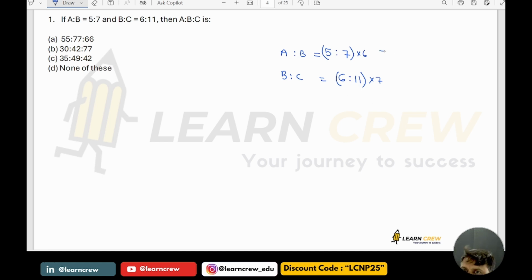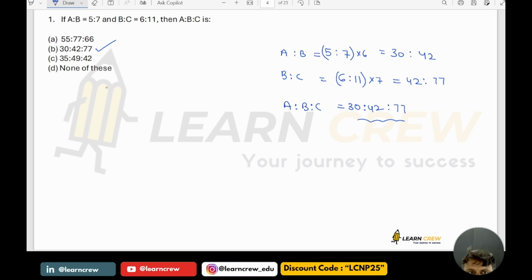So 5 6s are 30, 7 6s are 42, 6 7s are 42, 11 7s are 77. From this, A is 30, B is 42 and C is 77. So A is to B is to C is 30 is to 42 is to 77.